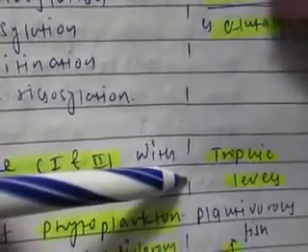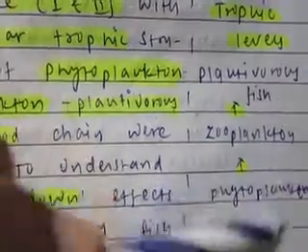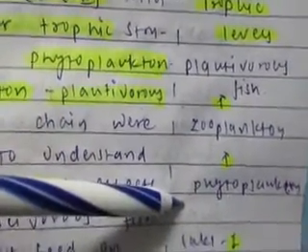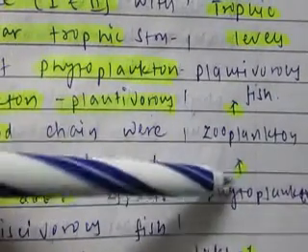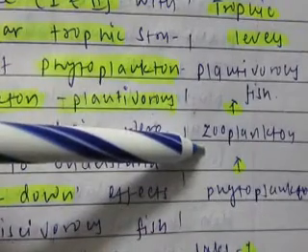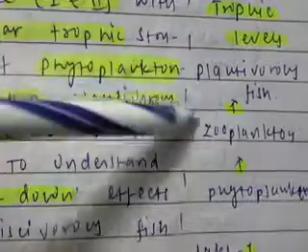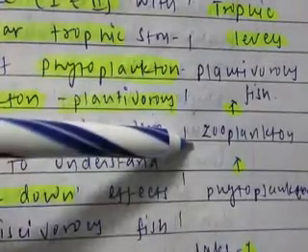A trophic level that is given initially: phytoplanktons were the primary producers, right? Second is the secondary level, zooplanktons are there, and planktivorous fishes which particularly depend on zooplanktons.